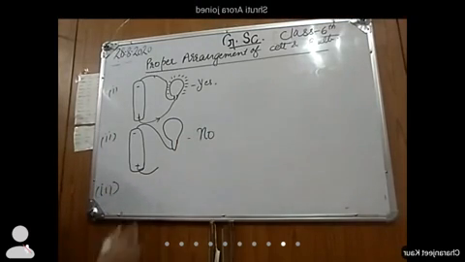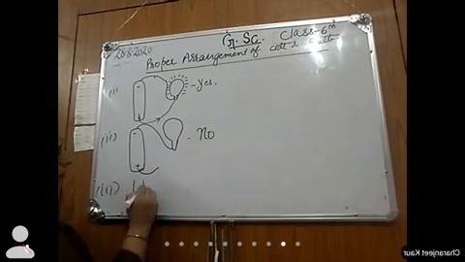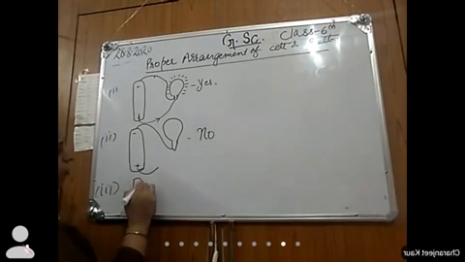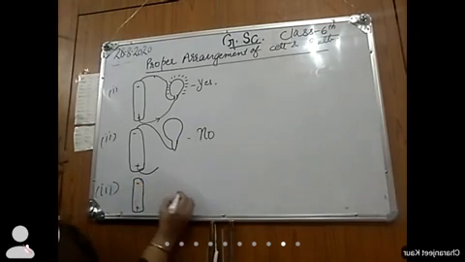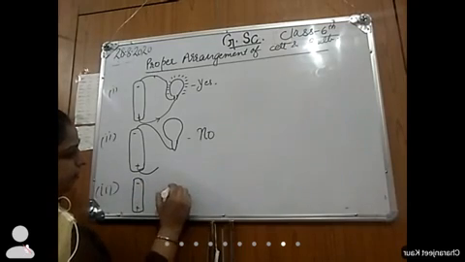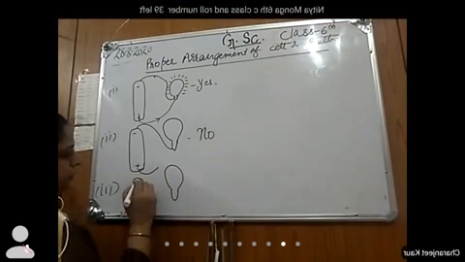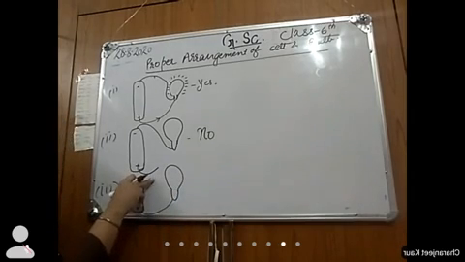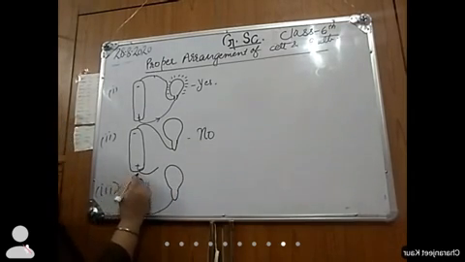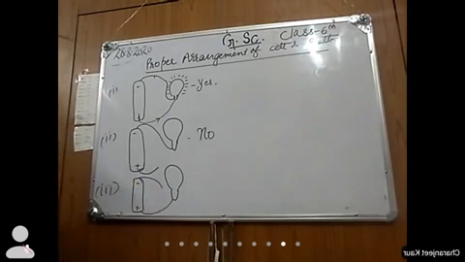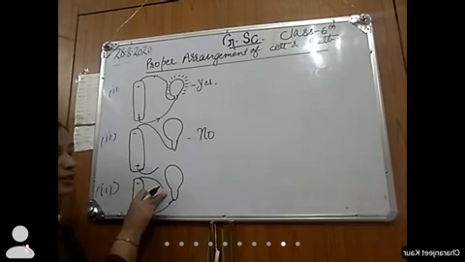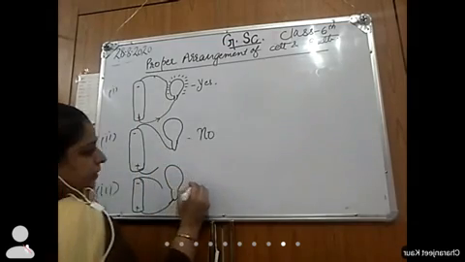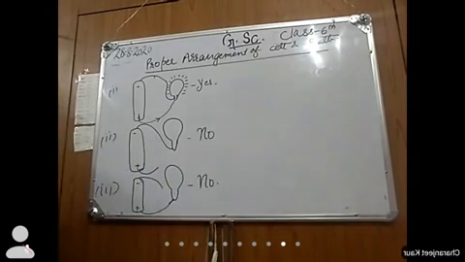Now from the positive terminal, I am going to connect it. This is the bulb. In the previous one, the wire was not connected from this side. Now I have connected it. Will the bulb glow? Again there is a break in the circuit. It should be connected here. It will not glow.